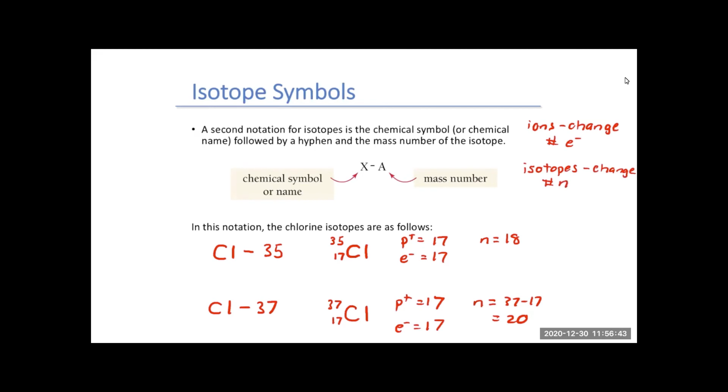And our protons always stay the same. So important thing, the number of protons always stays the same unless you're changing which atom you're talking about, which element you're talking about. And then looking at isotopes, you should be able to figure out the number of protons and neutrons in a particular isotope if you're given the symbol.